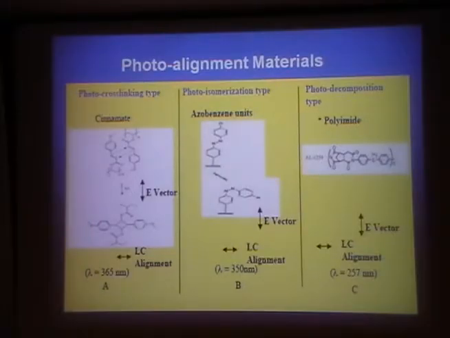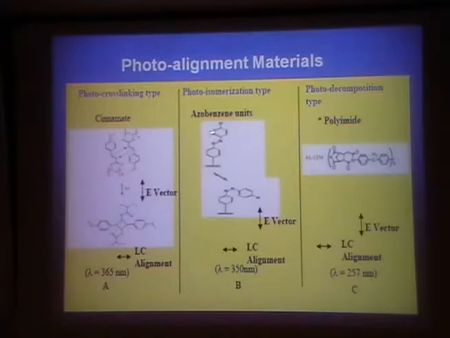Another important class of materials is azobenzene derivatives. They're small molecule azo compounds or oligomers and polymers that contain the azo unit.